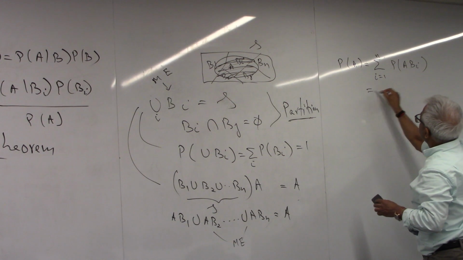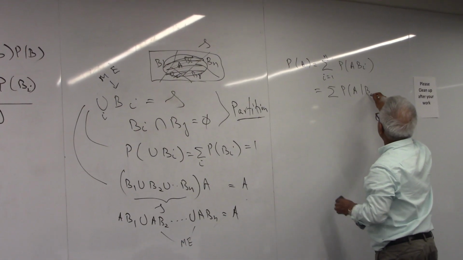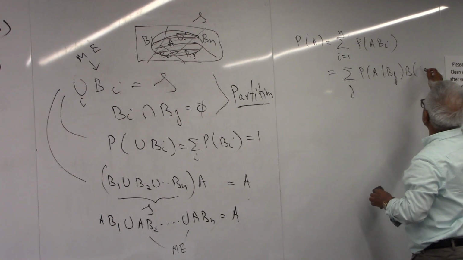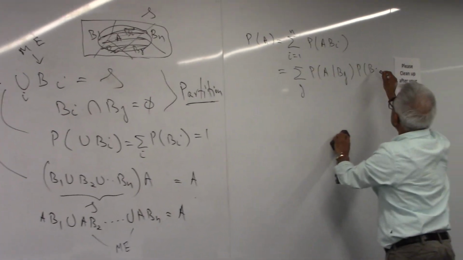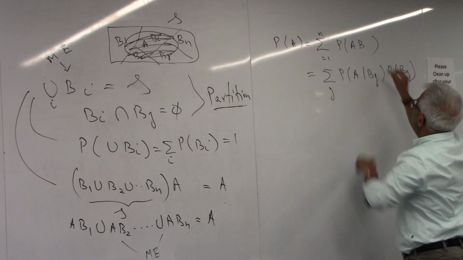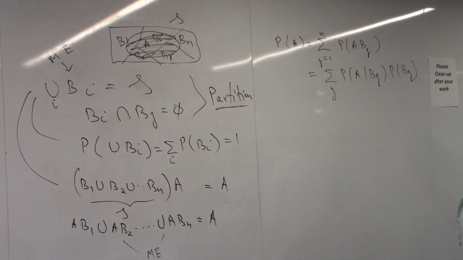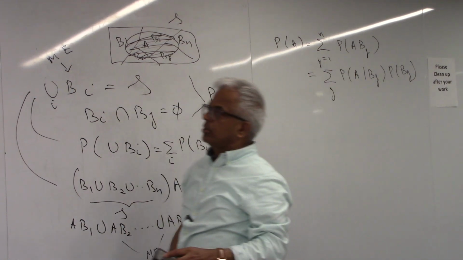But ABi itself, using conditional probability, we could write as the probability of A given Bj multiplied by the probability of Bj, summed over j. This is just a summation, so I can change it to any index I like. I don't want to confuse it with the Bi there. So I can take this expression and plug it into the denominator.